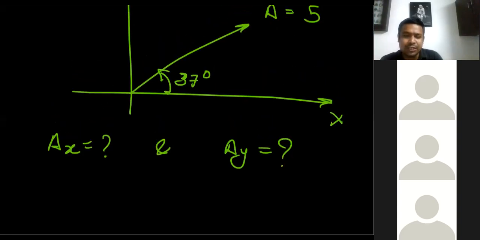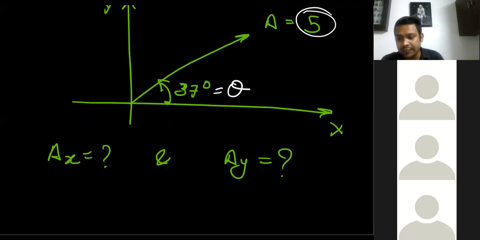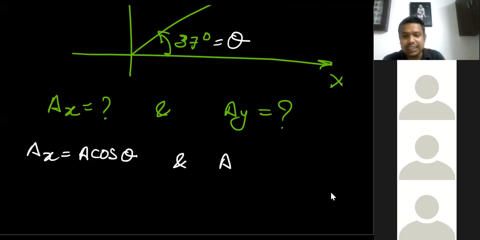This question is based on the previous article just before. 5 is just like a number and 37 is just like theta. So we know very well Ax is A cos theta and Ay is A sin theta.